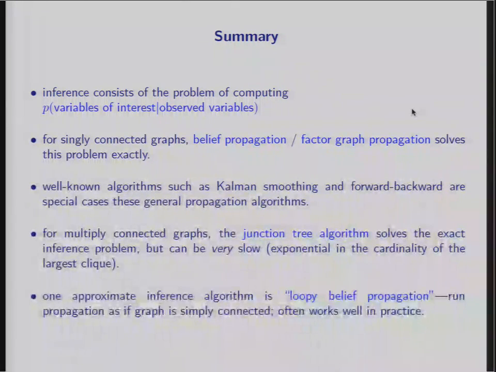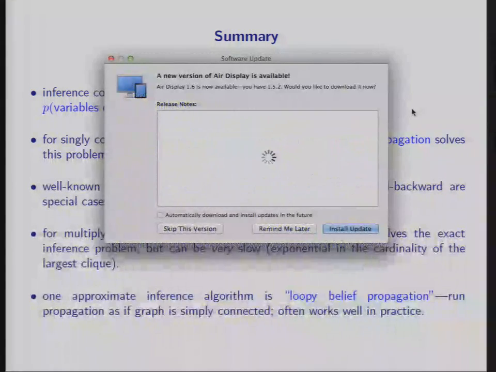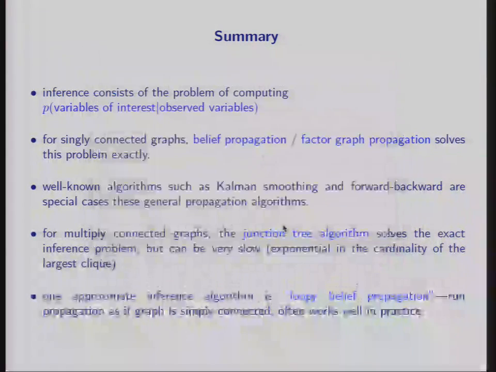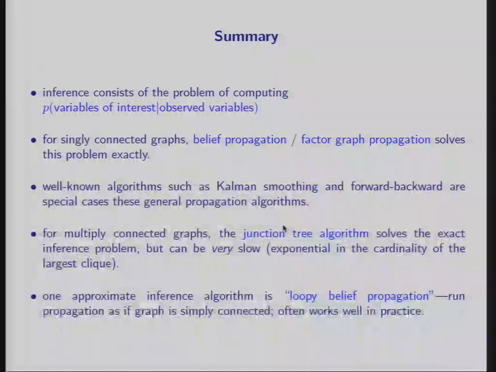So in practice, what's actually done most often is to just run factor graph propagation, acting like the graph is singly connected when it's not. So close your eyes and press the go button, and cross your fingers and hope for the best. There's a lot of analysis of that, and I could say more about that, actually. That's called loopy belief propagation.